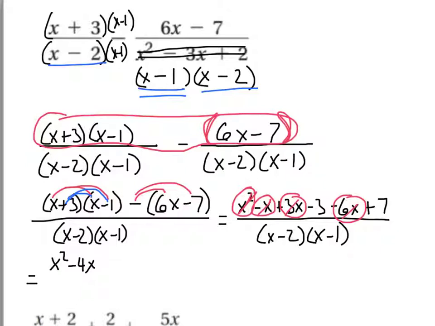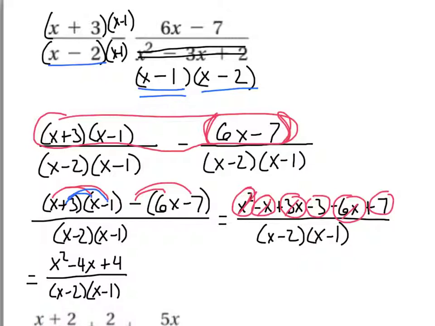And then we have negative 3 plus 7. That's a positive 4. And this is over x minus 2 times x minus 1.